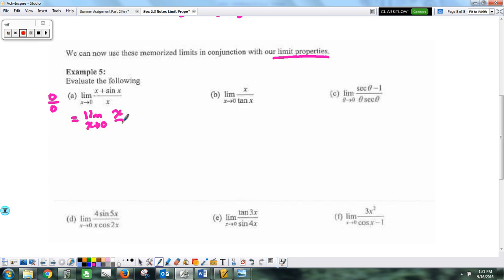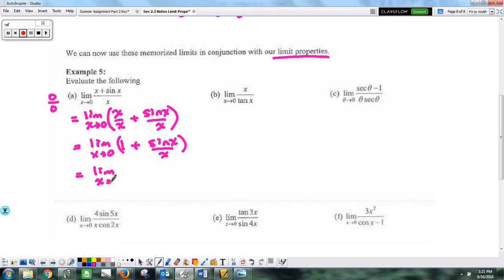I can split this fraction into two fractions, basically un-common-denominator it, my own made up word. I'm basically going to be taking the limit as x goes to 0 of the sum of 1 and the special limit sine of x over x. And provided both of these limits exist, the limit of a sum is the sum of the limits.